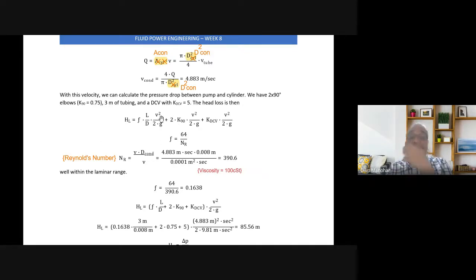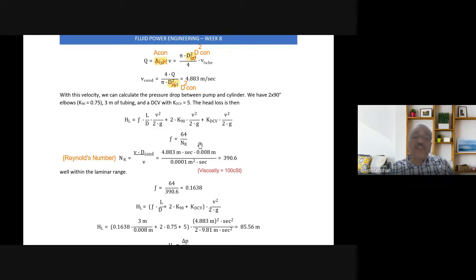This is the formula for the pressure loss in the tubing. Pressure loss in the two elbows will be 2 times the factor K90 into V squared by 2g. Then for the direction control valve, friction loss will be K into V squared by 2g, where the K is taken from the data book. Even the K90 is taken from the data book, which is given as 0.75.